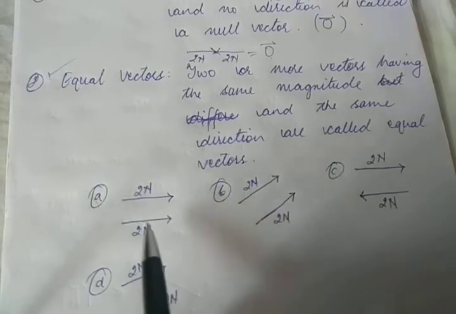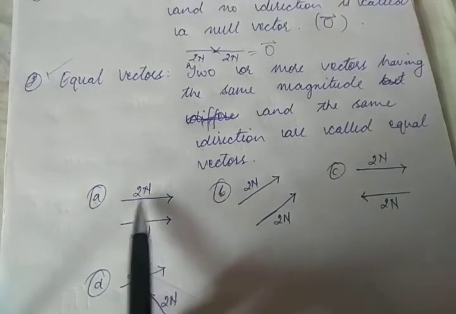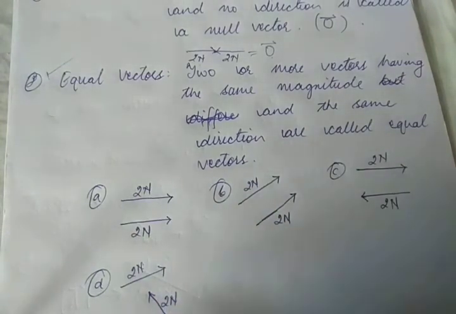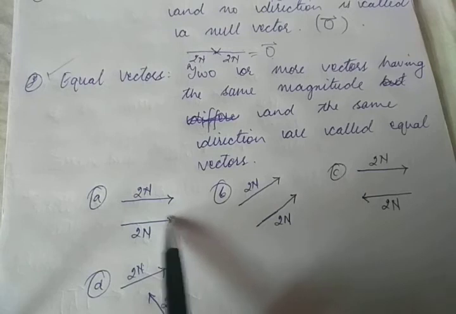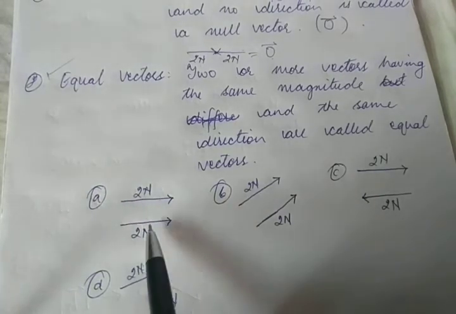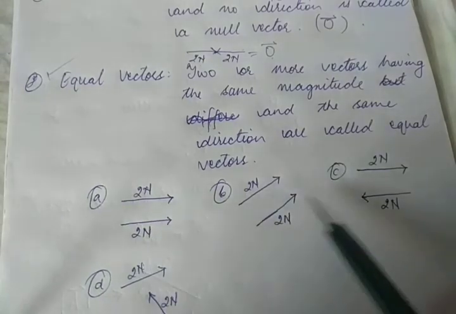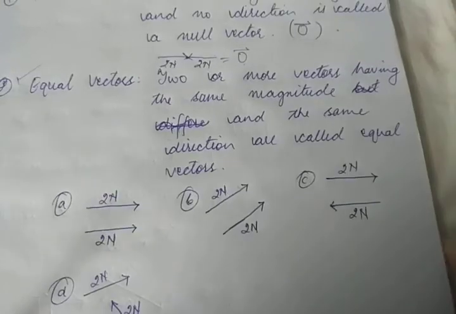I haven't used a ruler to draw these lines, of course. So I have a force. Again, I'm giving only examples of forces; there are other examples of vectors also. So a force of 2 Newton, another force of 2 Newton. They have equal magnitude and they are in the same direction. So these two are equal vectors, remember. Likewise, these two are equal vectors. They have the same direction, they have the same magnitude.